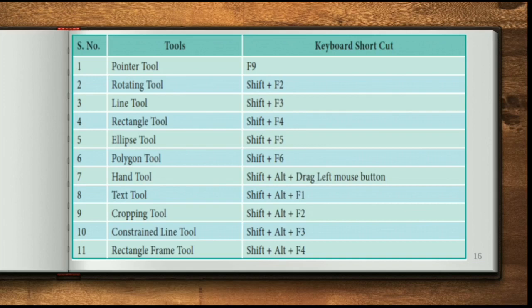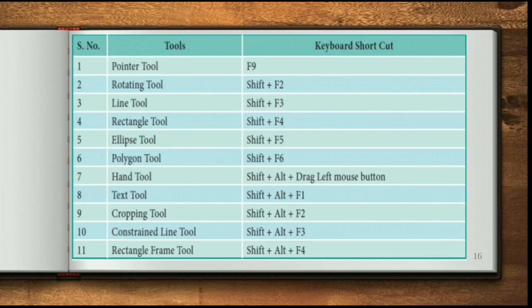Here are the shortcuts. For the pointer tool, you can just press F9, which is shown on the screen. For the rotating tool, you have to press the Shift key followed by F2. For the line tool, press Shift plus F3.